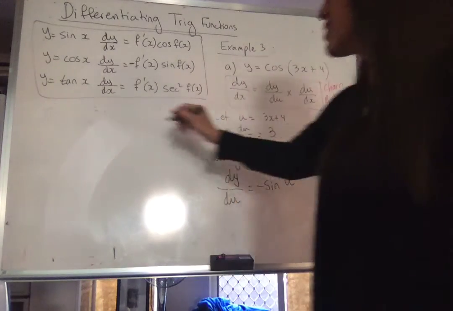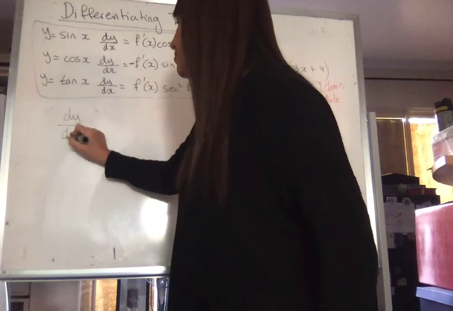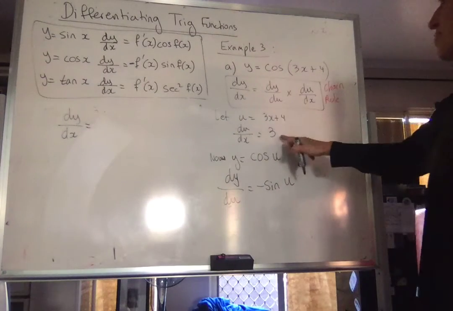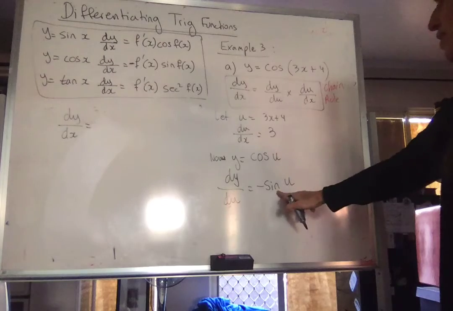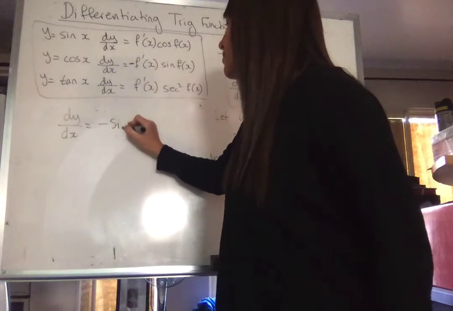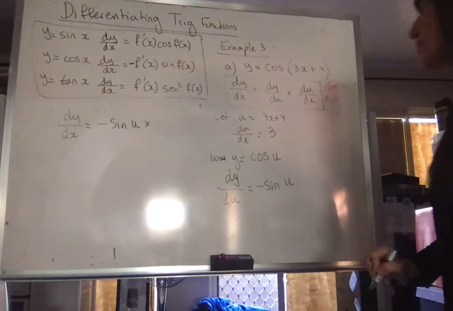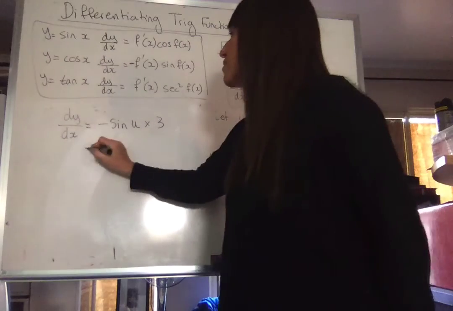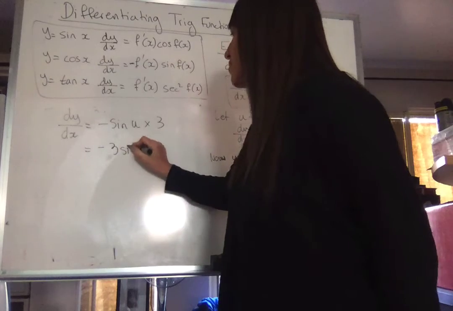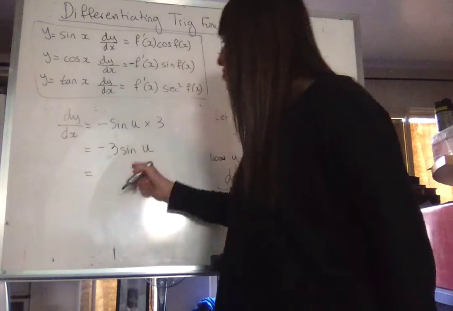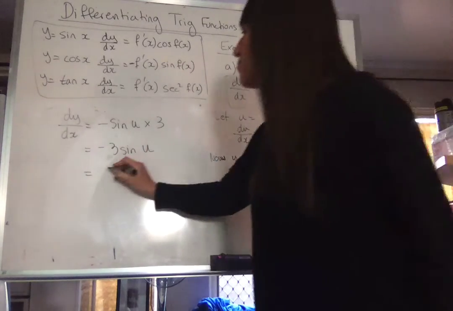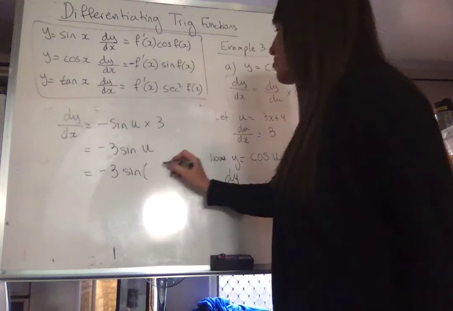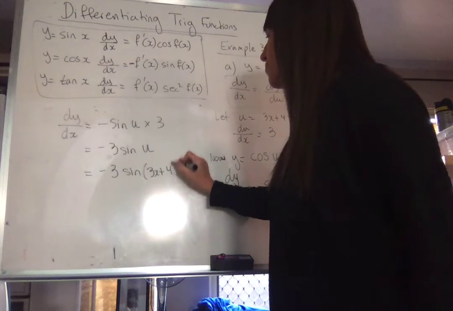Well, dy dx is equal to my dy du, which is down here, negative sine u, times my du dx, which is 3. Same as saying negative 3 sine u, but u is 3x plus 4. So the answer is negative 3 sine bracket 3x plus 4.